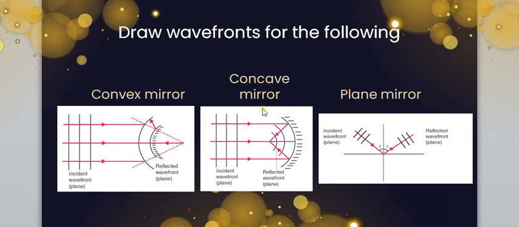Now in case of concave mirror also, again the plane wavefront gets converted to a spherical wavefront. But in case of plane mirror, if you incident a plane wavefront, after reflection you will again obtain a plane wavefront. So these structures you can get in exam for 1 mark, that draw the refracted or reflected wavefront for the given figure.